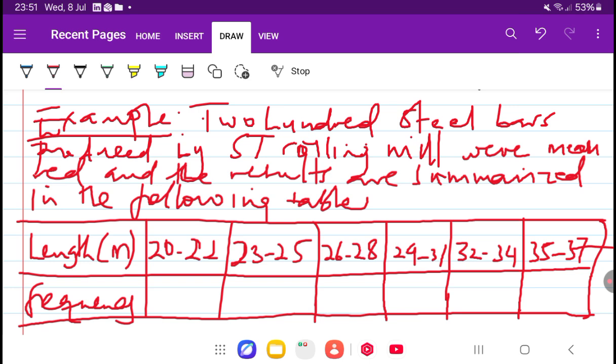Then the frequencies, they told us they were 200. So the total frequency will be 200. So this is 8, 34, 82, 50, 14, and then 12. So we look at the required.